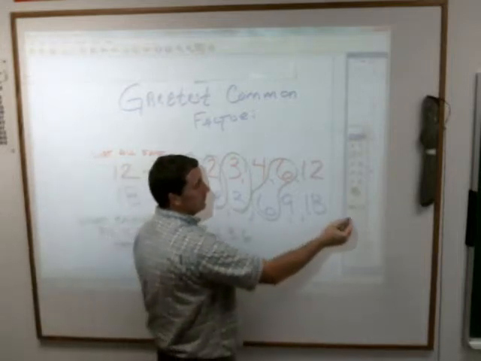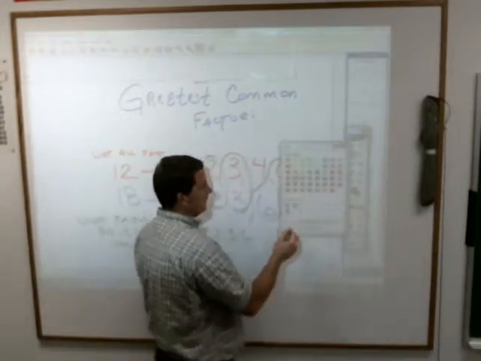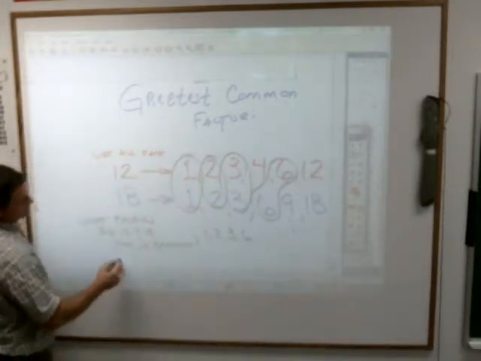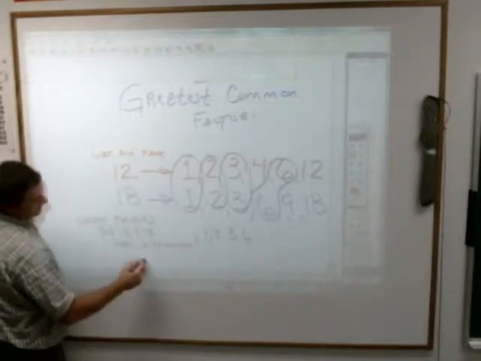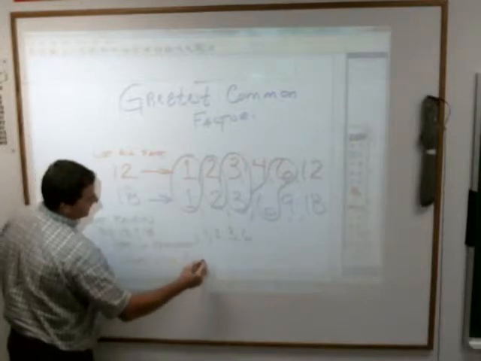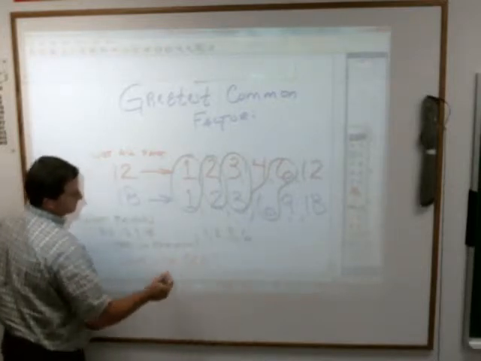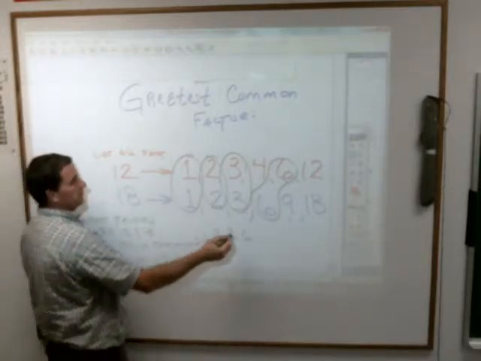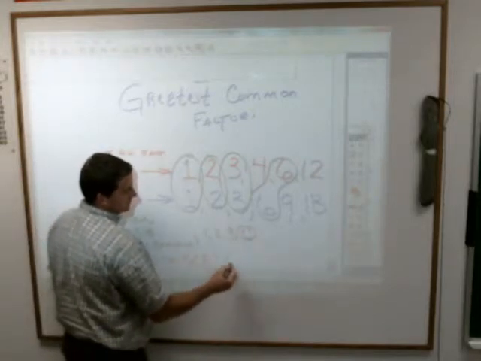But what the book is asking you for is the greatest common factor, in which case that would be this one right here, the number 6.